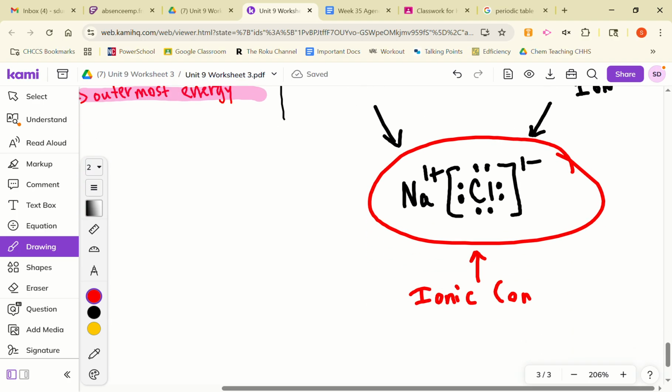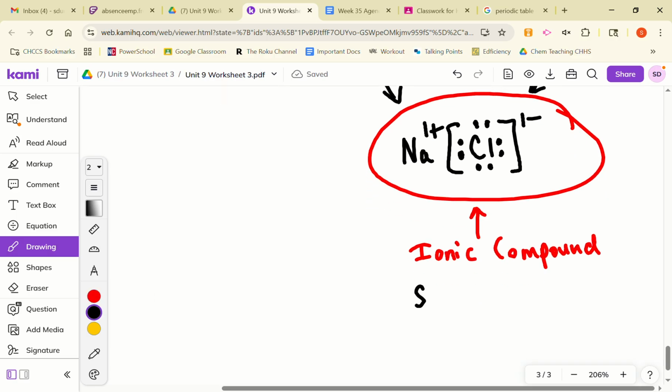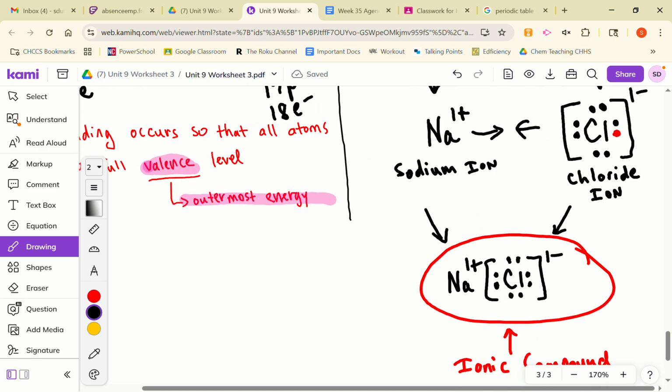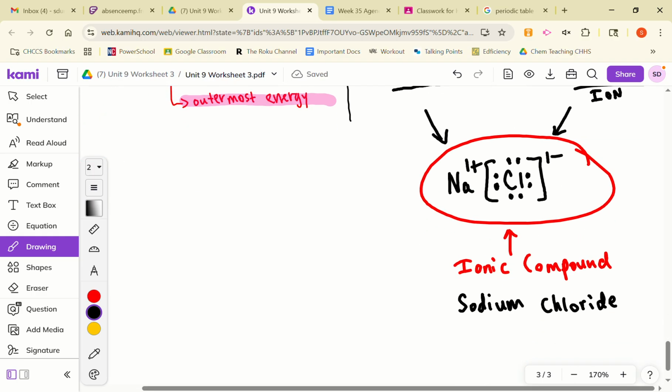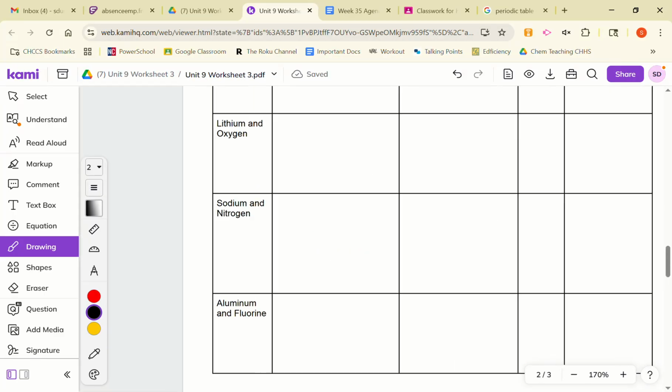I'll call it an ionic compound, and the name for this ionic compound is sodium chloride. The reason we call it sodium chloride is because it's a combination of the sodium ion and the chloride ion. So this is the ionic bond, the Lewis dot structure for the ionic compound.